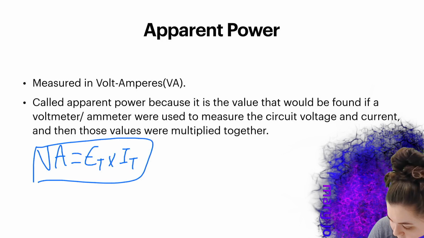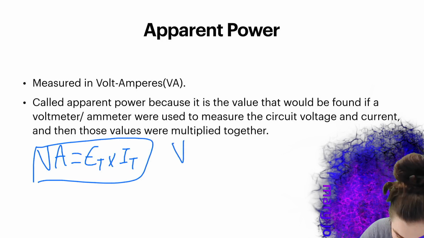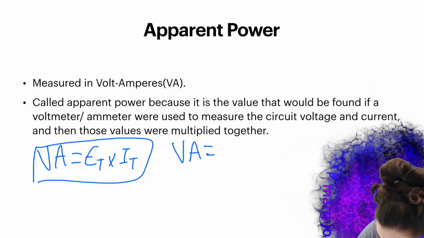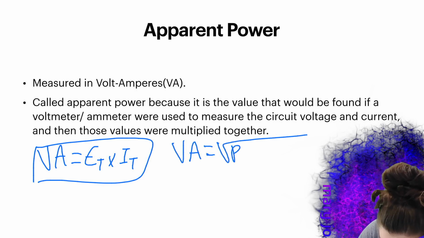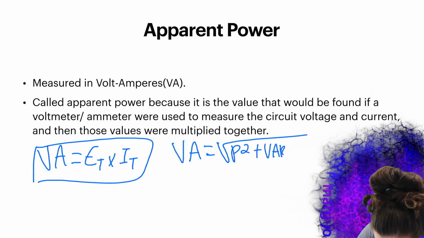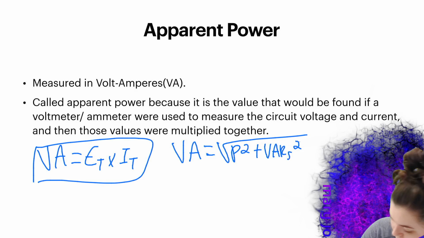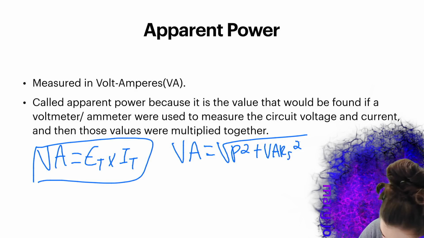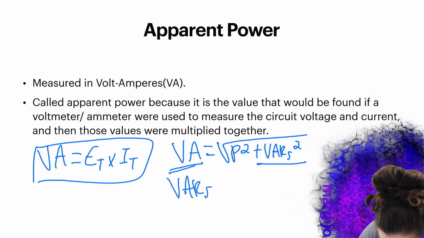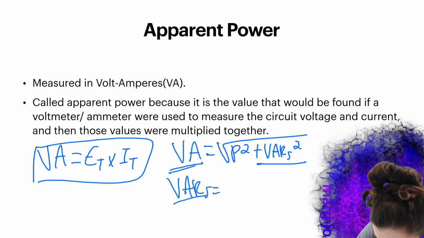But you could find this different ways. You could use VA equals, depending on what information you know, the square root of watts squared plus VARs squared. If you know VA but you don't know, say, VARs, if you wanted to find VARs, it's just flip-flopping these formulas.